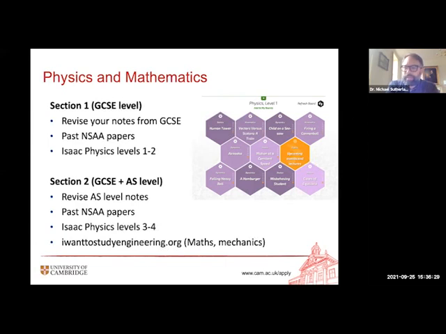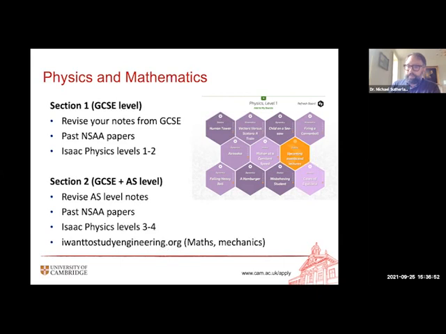It now has somewhere around 3,000 or 4,000 different questions in physics, mathematics, and chemistry. And they're available at different levels, right from simple GCSE up to first year university, and it's organized by topic. So, kinematics, chemical reactions, trigonometry, etc.